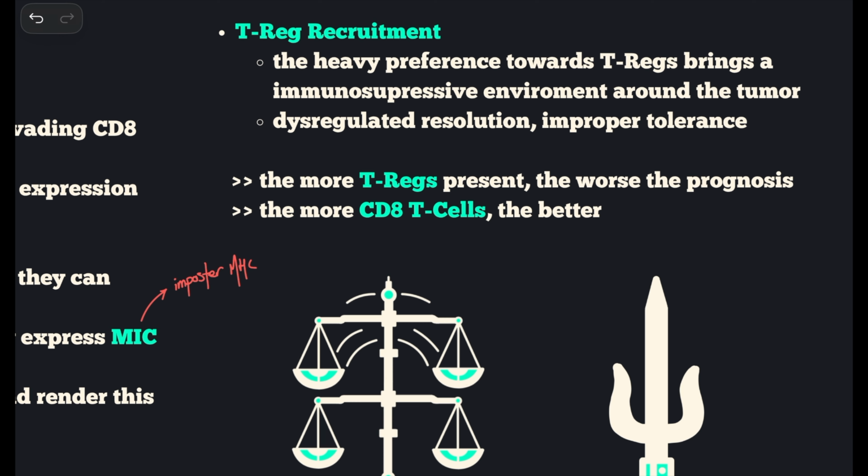And on the opposite end of that, CD8 T cells, the more of those present, the better. Because remember, CD8, that's getting rid of those intracellular issues. So ideally, if that is the major cell population nearby, then I have a higher likelihood of getting rid of whatever is causing me trouble. If I have a lot of Tregs around, anything that's trying to help, they're going to tell that to calm down. So that's the idea there.